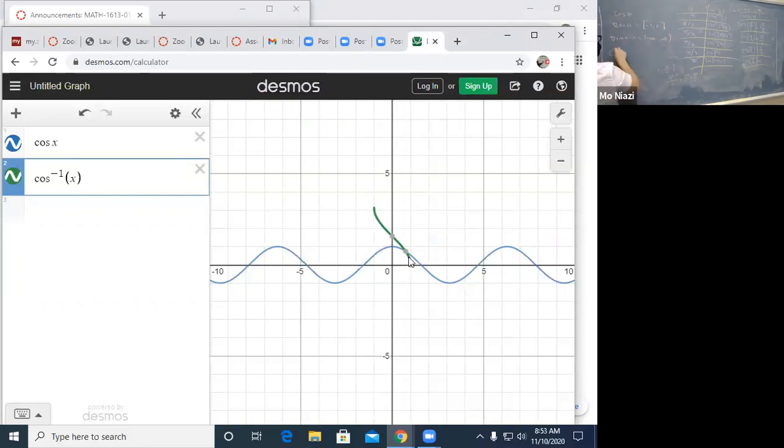So now cosine inverse of a length. Notice that this equals a length. What is the range of this guy? And what is the domain of this guy? We know the domain is what the old range was, negative 1 to 1. So we're on a good trajectory here.